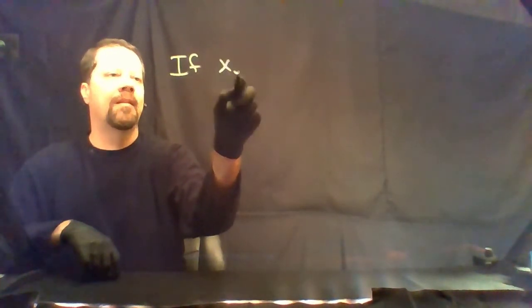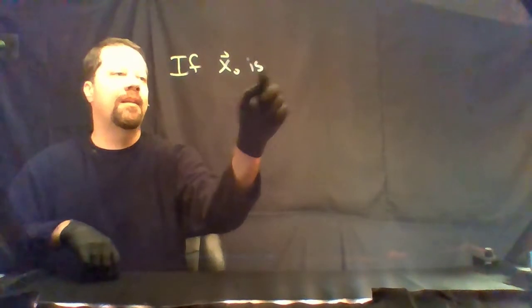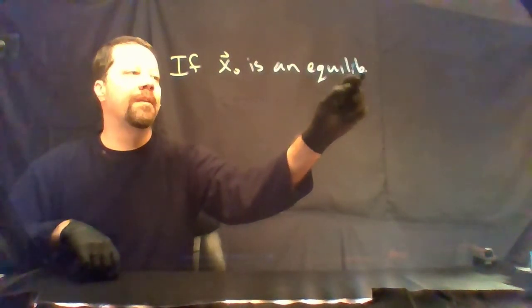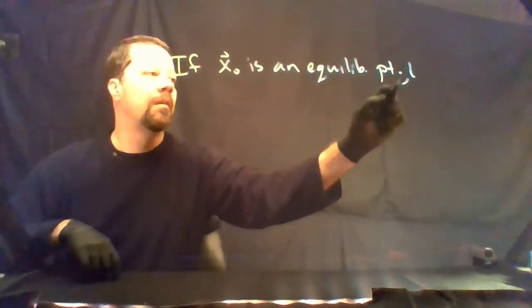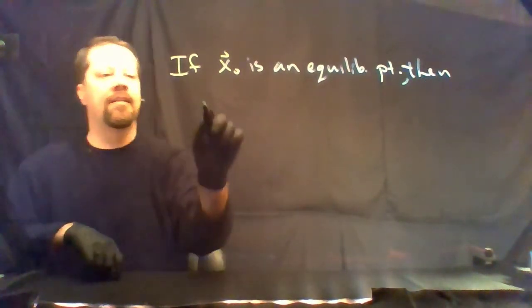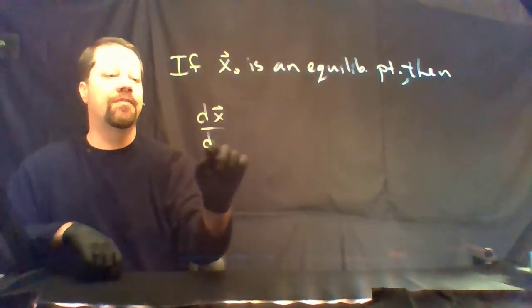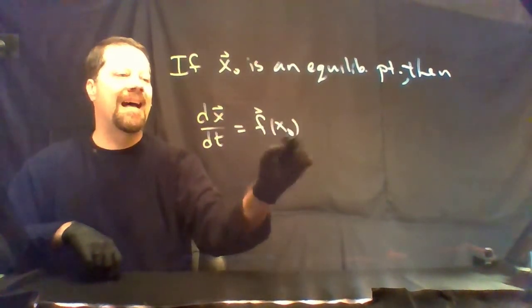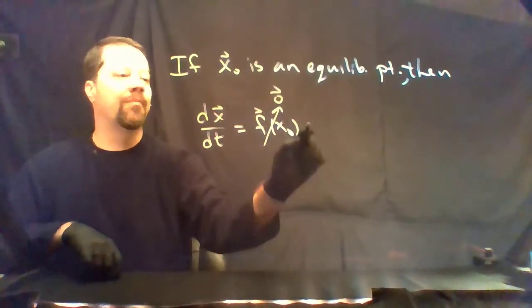Now if x naught is an equilibrium point, then the differential equation takes the following form. Keep in mind f of x naught is the zero vector.